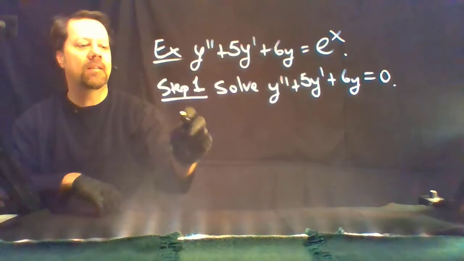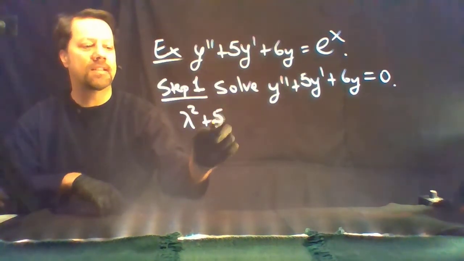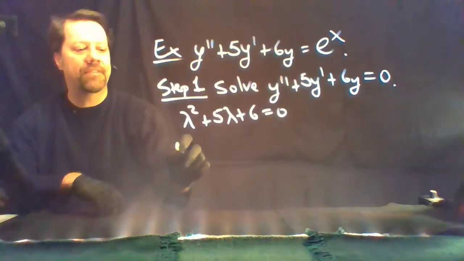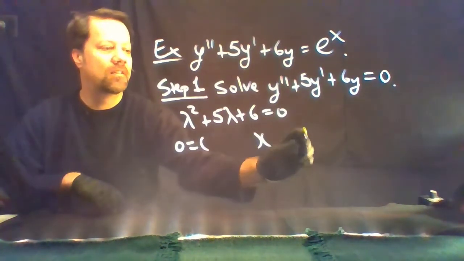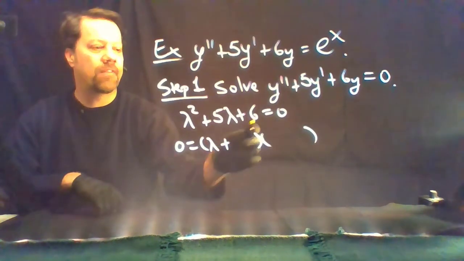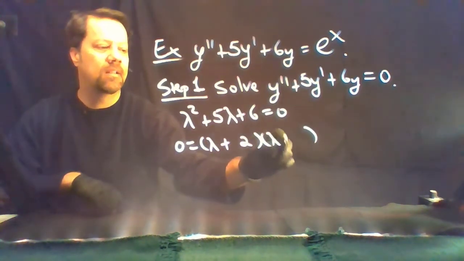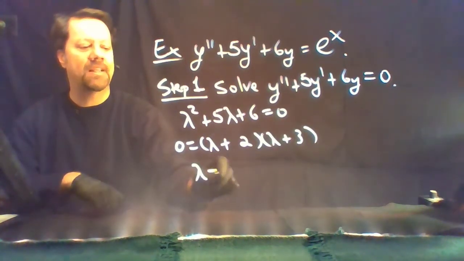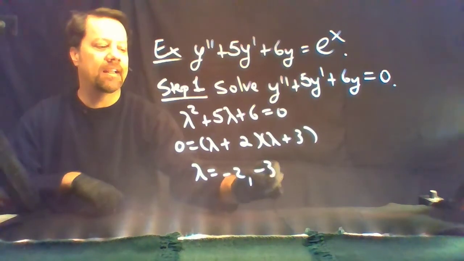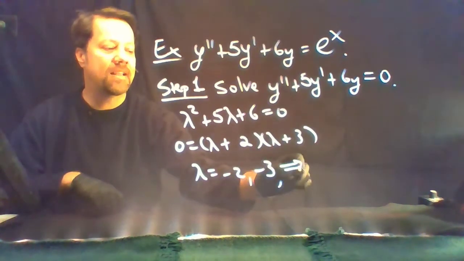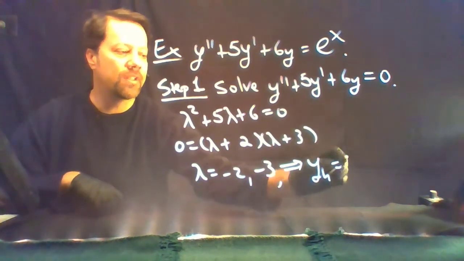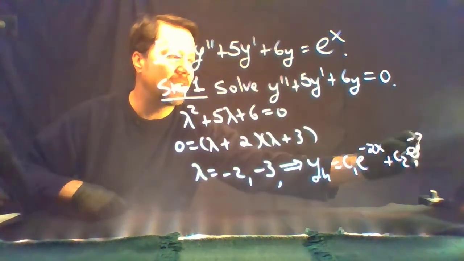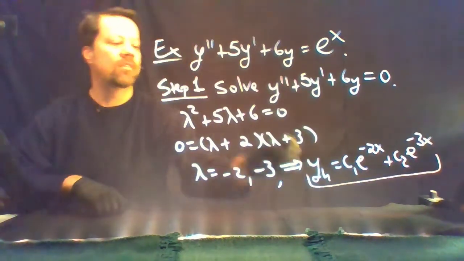The characteristic equation is lambda squared plus 5 lambda plus 6 equals 0. Factoring the left-hand side, factors of 6 are 2 and 3, which happen to add up to 5, so this is the factorization. We get lambda equals -2 and -3. This implies then that the homogeneous solution is C1 e to the -2x plus C2 e to the -3x. We'll put that in a bucket.